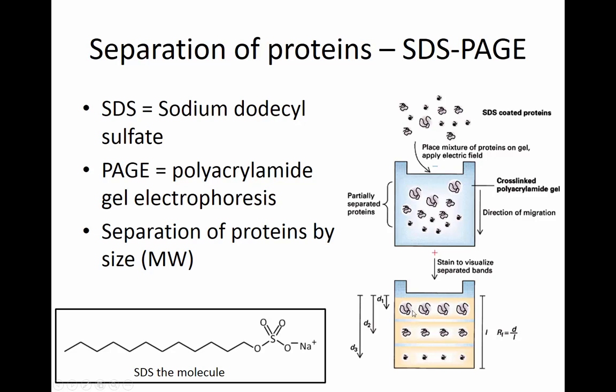And then once they've separated by size, and keep in mind polyacrylamide gel is kind of like a little meshwork, so the longer the protein is, the higher molecular weight it is, the longer it's going to take to snake through the gel in the direction of the electric field. So the larger proteins will be towards the top, middle-sized proteins will be towards the middle, and the smaller proteins will be towards the bottom.